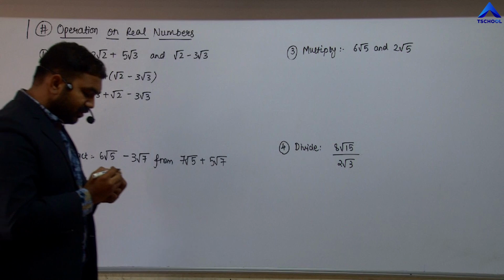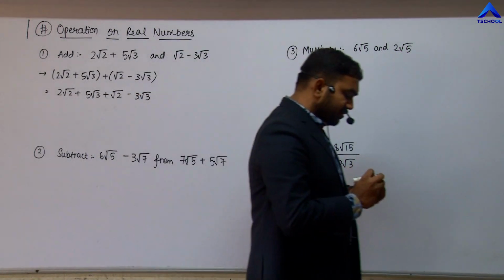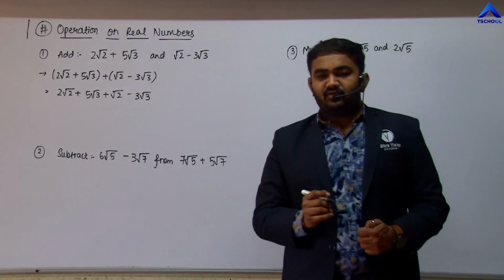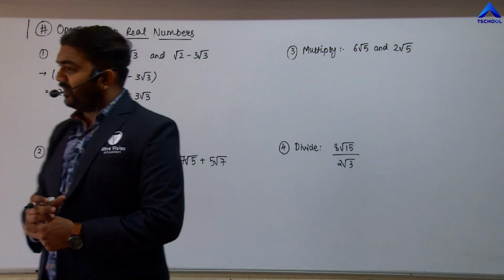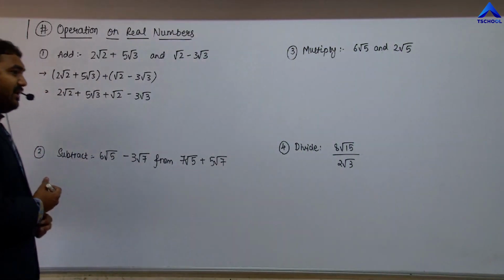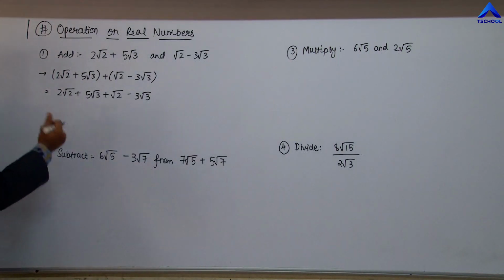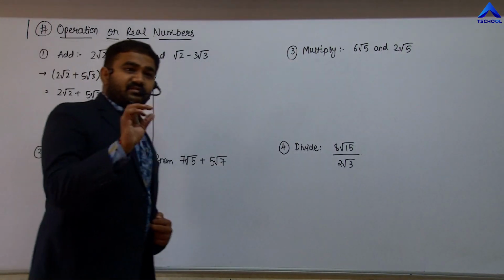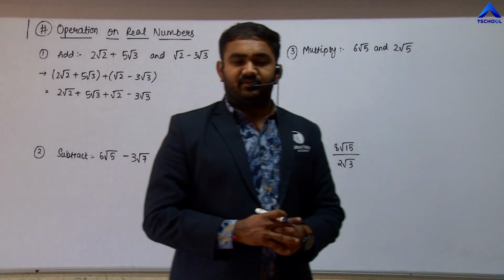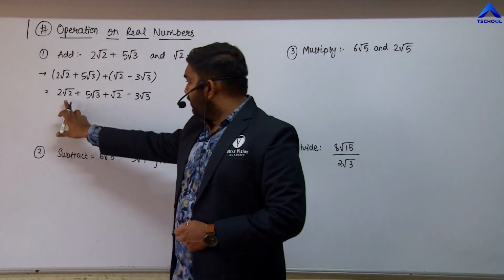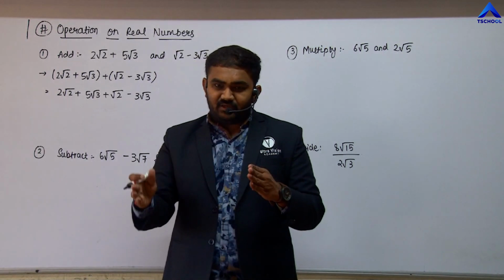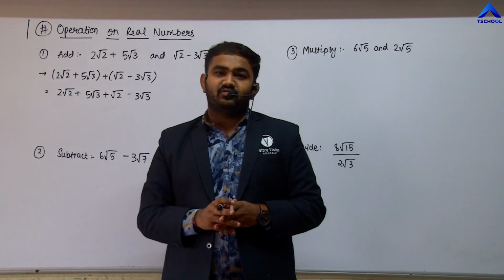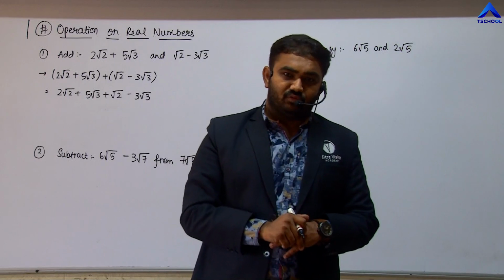Now here you will understand this question as what you did with the variables. You might have studied a chapter where we were dealing with some variables, right? So simply, first of all, count how many root 2's are there. The number that is written in front of root 2 is known as the coefficient of root 2.